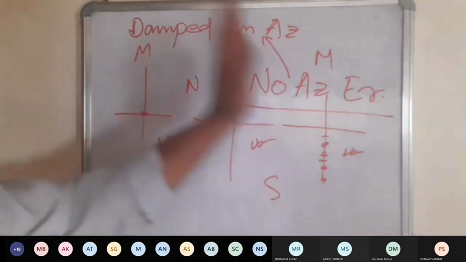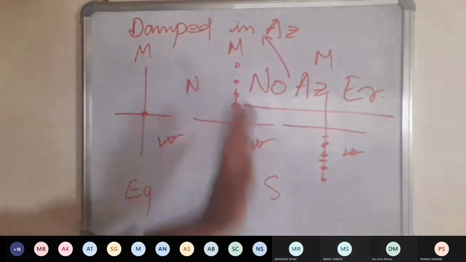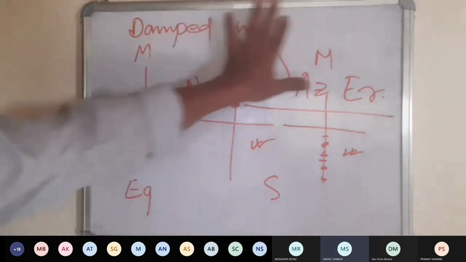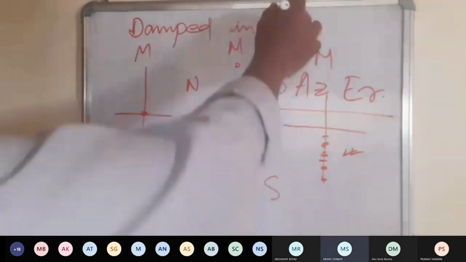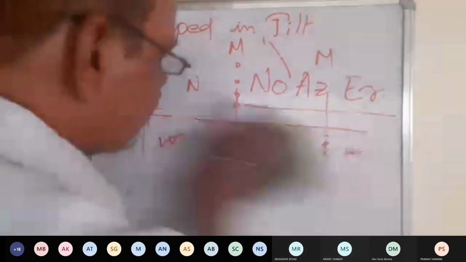You say, since it is damped in azimuth, there is no settling error. Wherever you see a compass damped in tilt, you start thinking sine azimuth is equal to K tan lat. Clear? Yes sir.